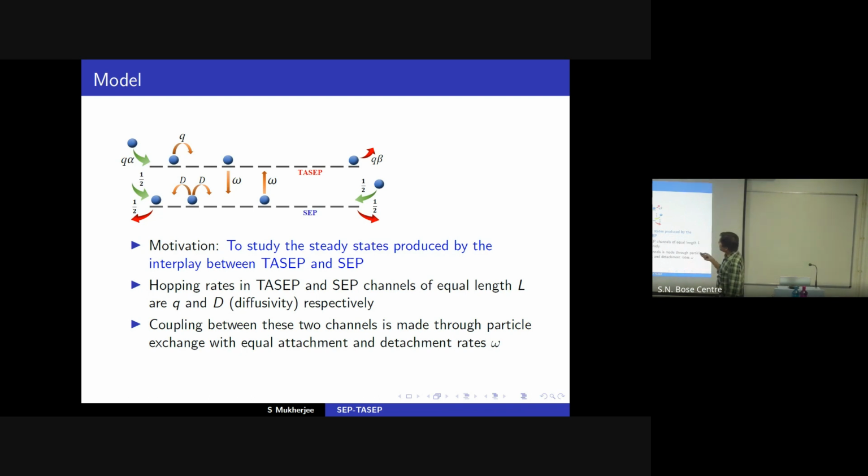Can you distinguish the two processes? Suppose we have a particle there. It can leave the system with beta, or it also can come. In a physical system, is it possible to distinguish between these two rates? That was the question.